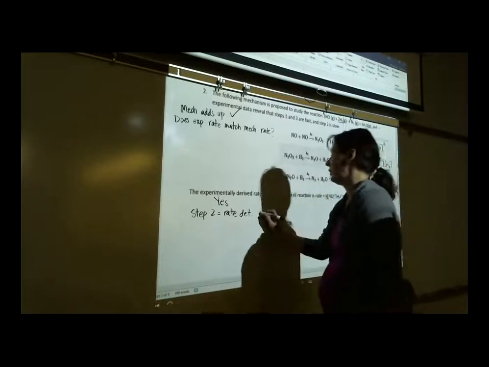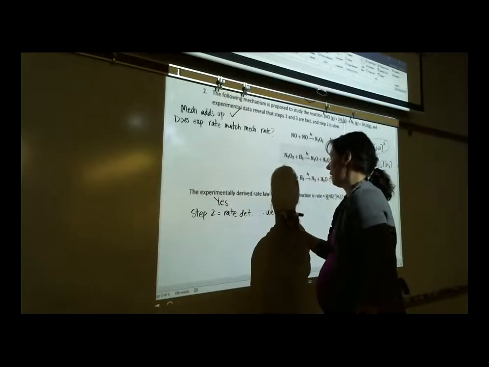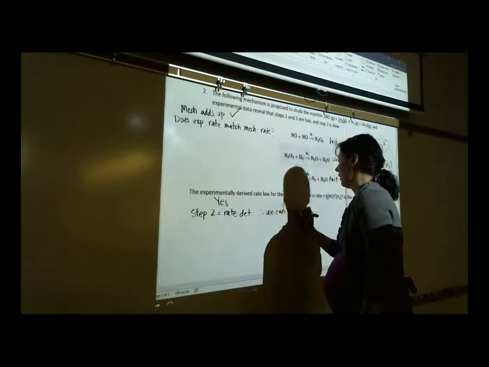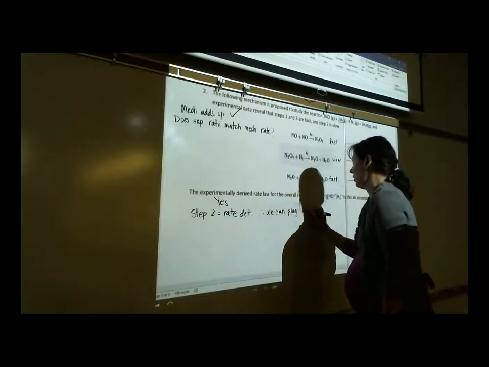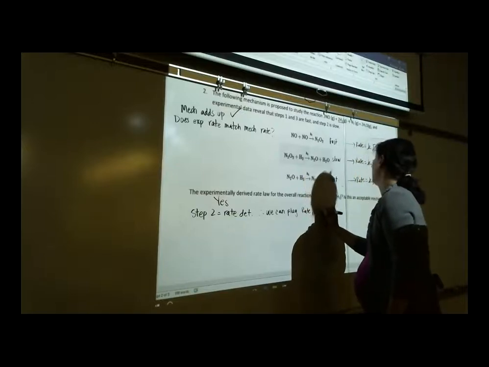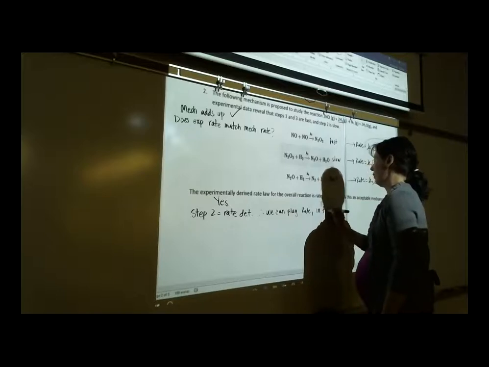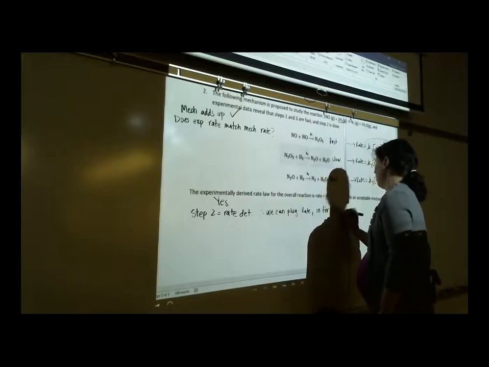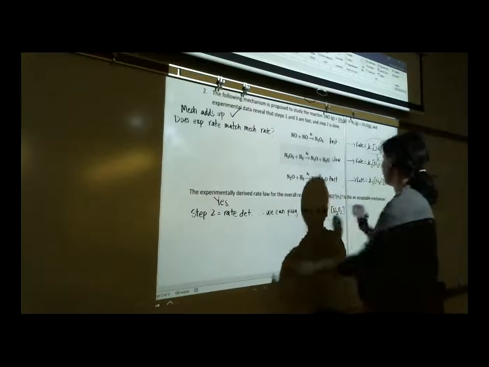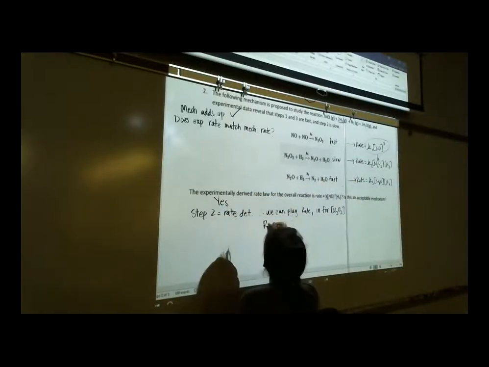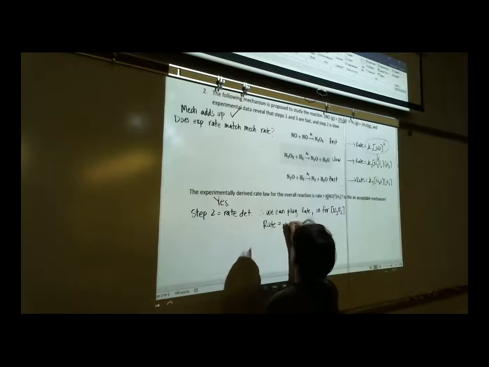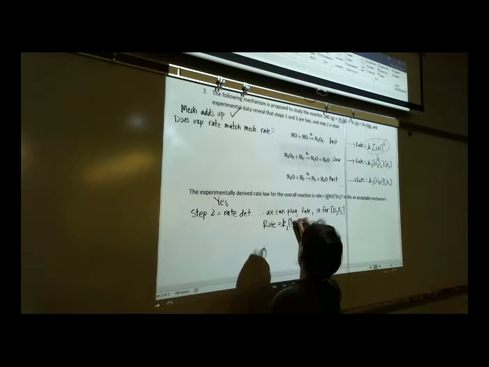So that means, therefore, we can plug rate 1 in for concentration N2O2, which means rate equals K2 NO squared H2, right?